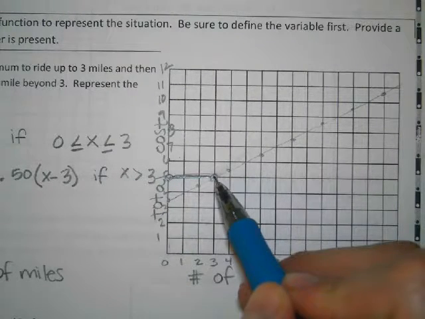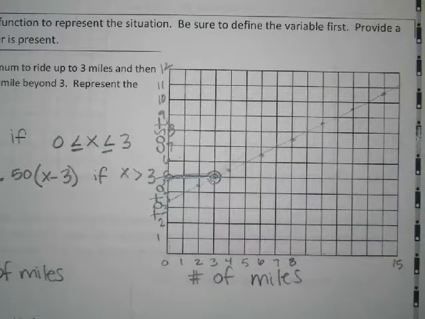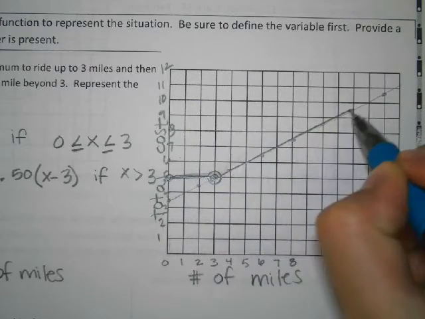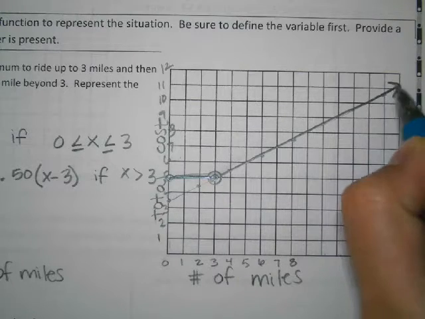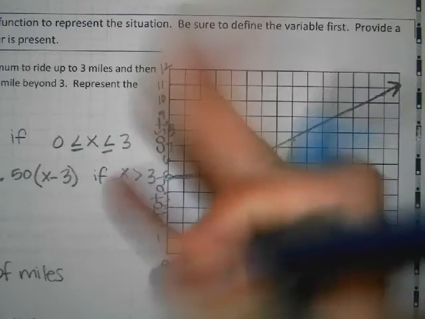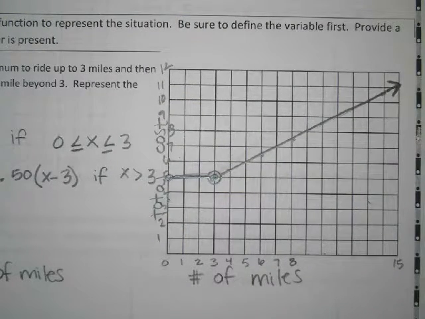So I start at 3 and draw a hole right there. And then I go to the right of that hole, so I go on forever. And then I erase the left side. Whew, and I'm done.